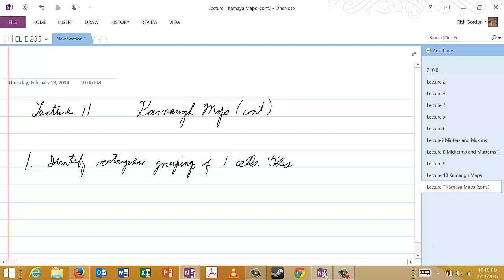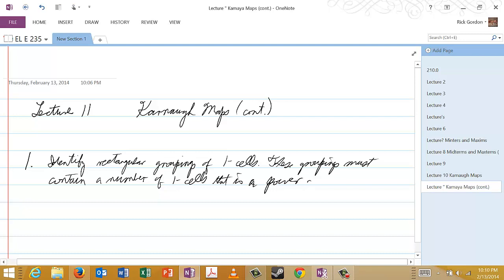These groupings must contain a number of one cells that is a power of 2.